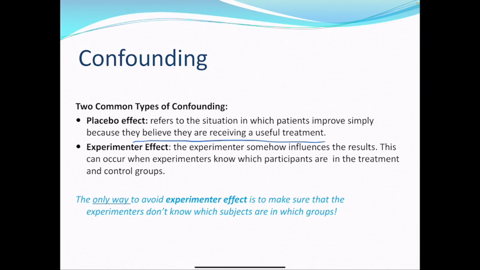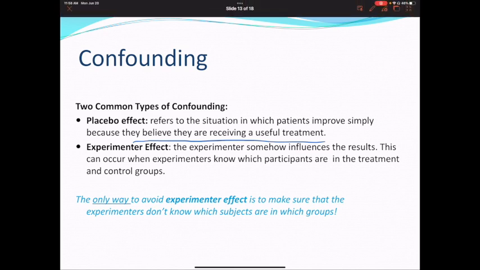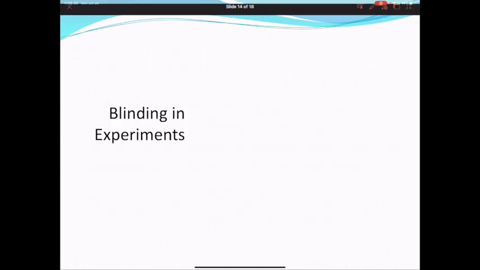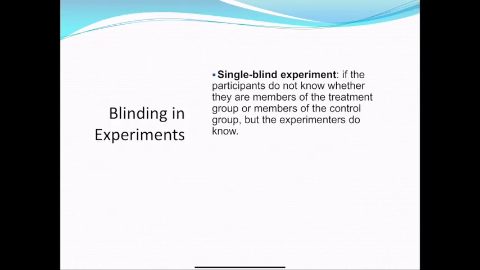This can occur when experimenters know which participants are in the treatment and control groups. This is bad. And the only way to avoid experimenter effect is to make sure the experimenters don't know which subjects are in which groups. And for that, we need blinding. So, blinding experiments. Single blinding is if the participants don't know whether they are members of the treatment or control group.